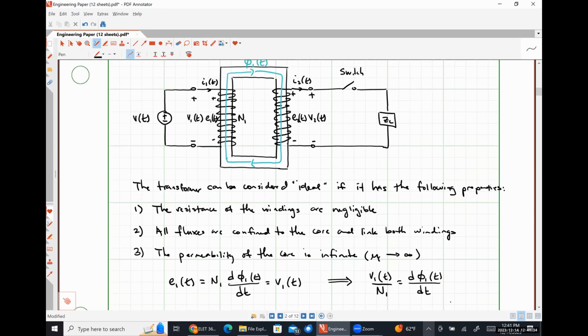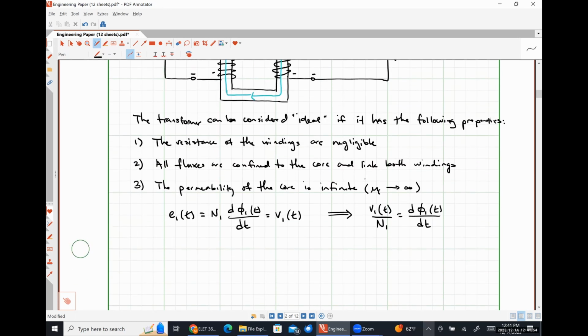So all of our flux, phi 1, passes through coil 2 as well, right? Because coil 2 is open circuited, at this exact moment, we're not going to see any current, but we should see some voltage drop induced across our coil, right? So the induced voltage drop across our second coil will be E2, and that's going to be N2 times the derivative of the flux, which is just phi 1 with respect to time.